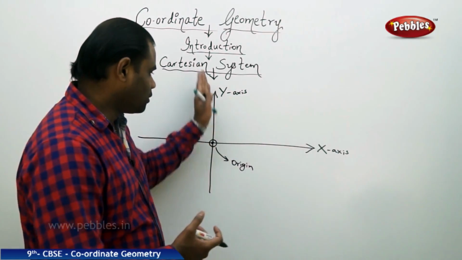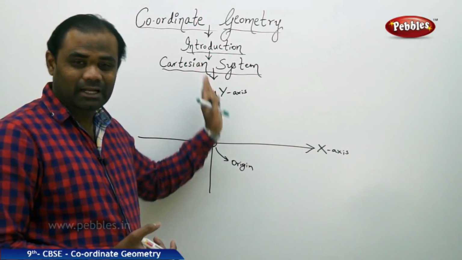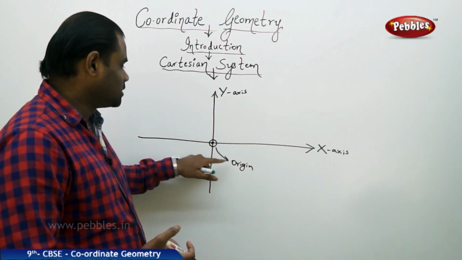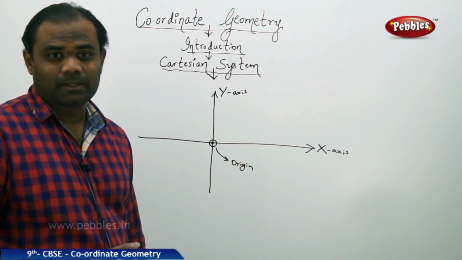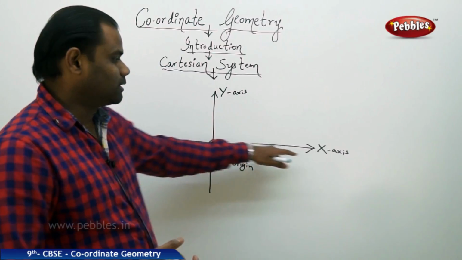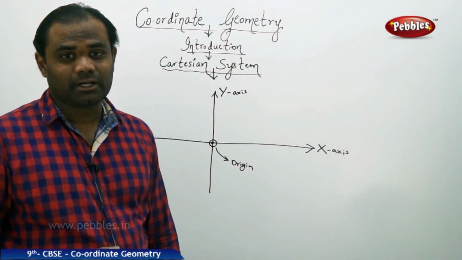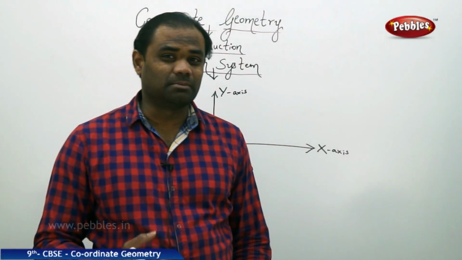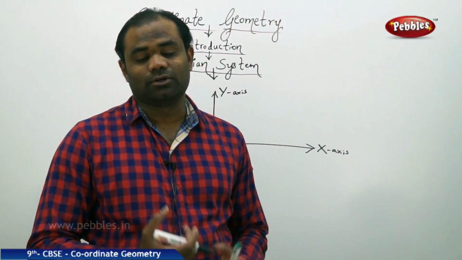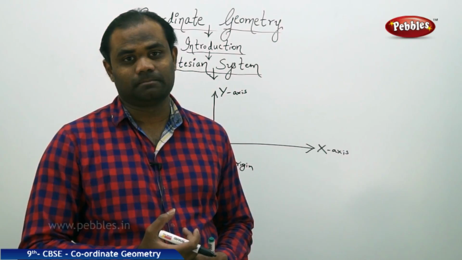So the intersection of the vertical axis and the horizontal axis is called the origin. The horizontal axis is called the x-axis, the vertical axis is called the y-axis, and their point of intersection is called the origin. This is the rule of the coordinate system.